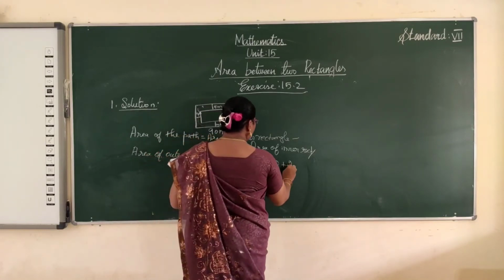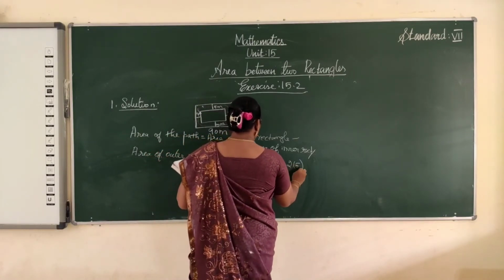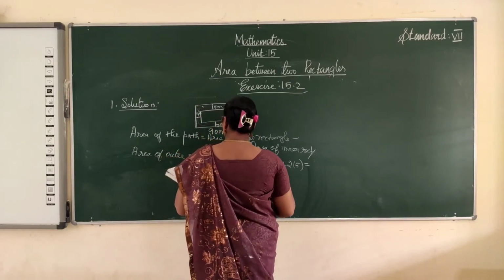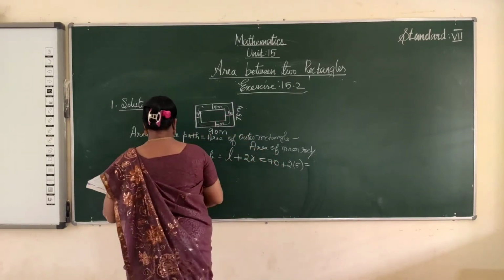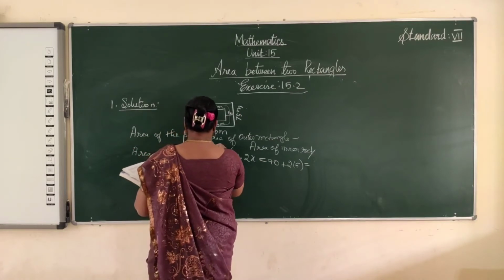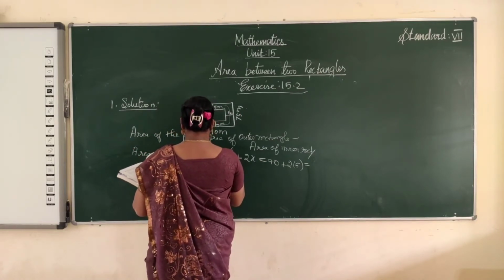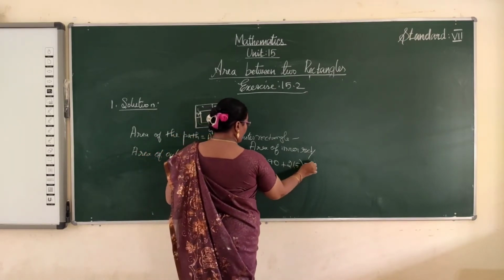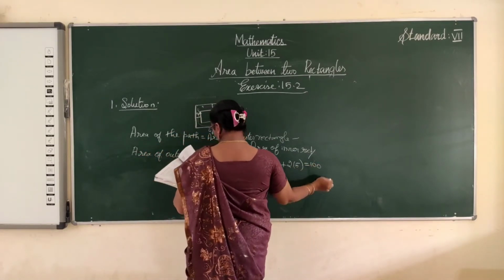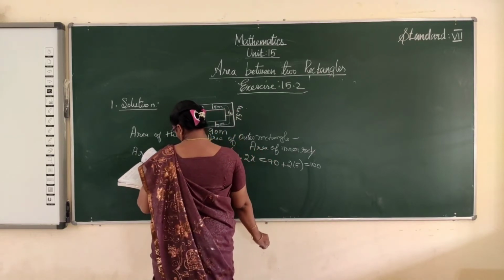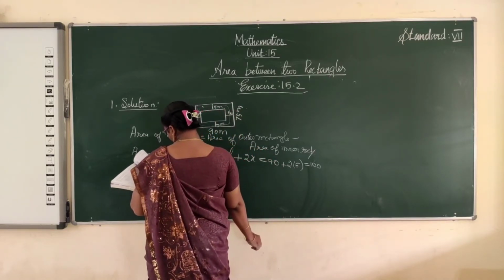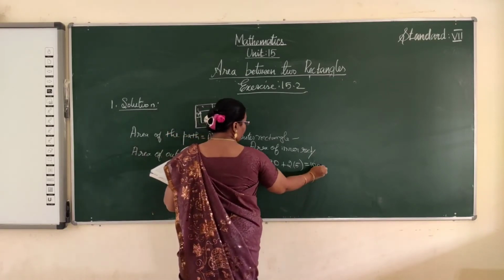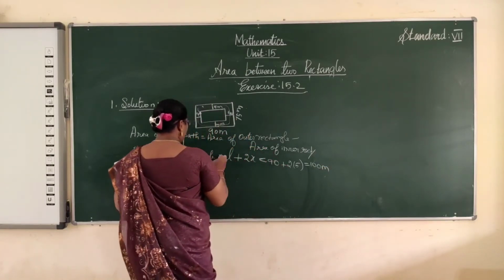So the length of the outer rectangle is 100 meter.